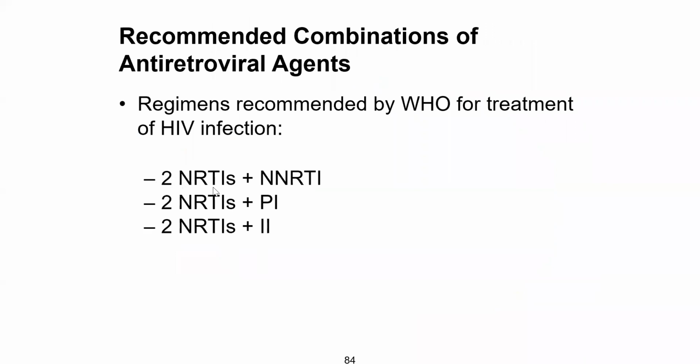We don't treat HIV using one drug. For that triple therapy, these are the possible combinations: 2 NRTIs plus an NNRTI, or 2 NRTIs plus a PI, or 2 NRTIs plus an integrase inhibitor.